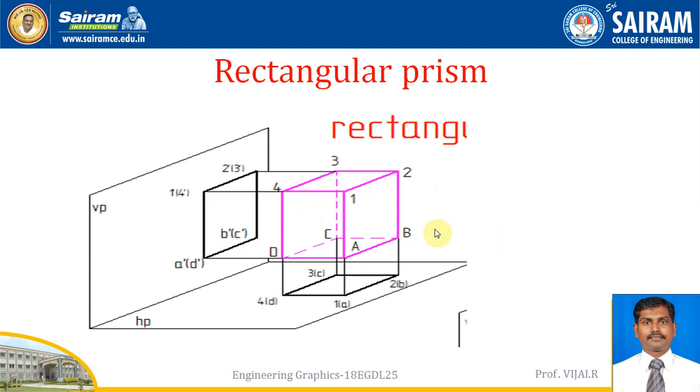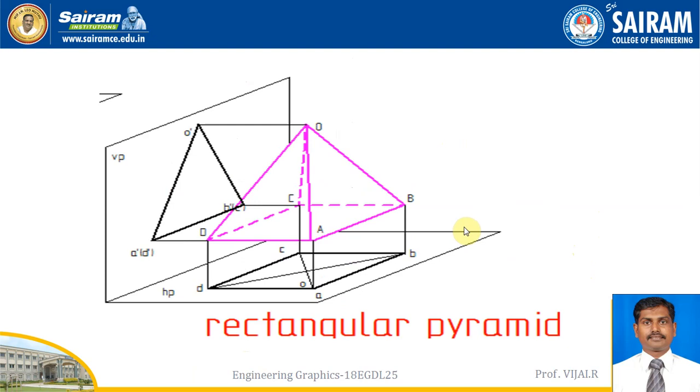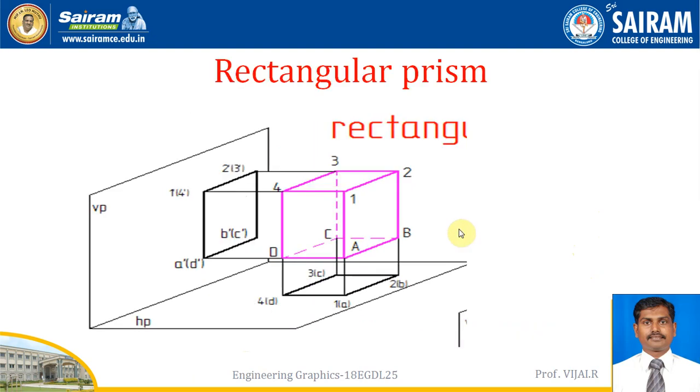From the front, what can I see? 1, 2, A, B. These 4 only I can see. The observer is here, seeing from this side, so the image falls on the vertical plane.